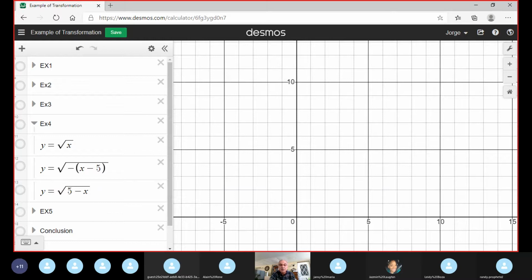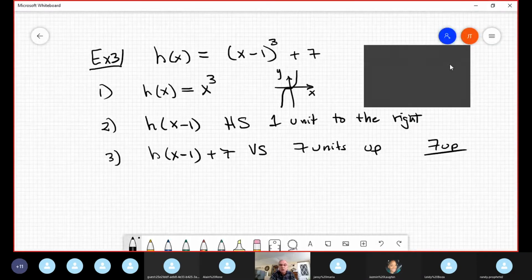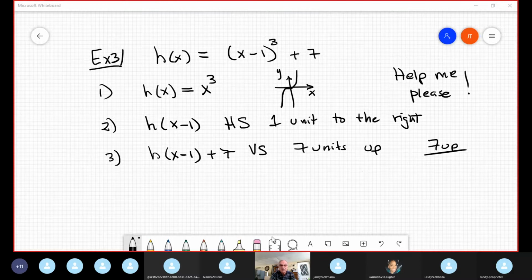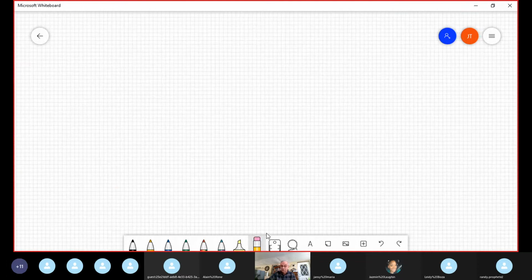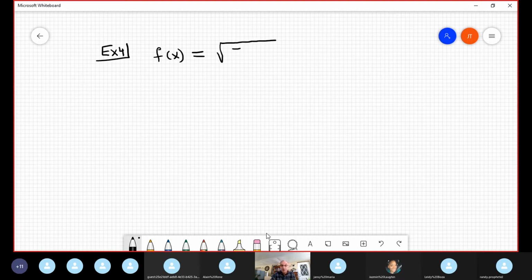Example 4 brings a new situation, one in which the transformation is not clear, it's confusing. Suppose the function, I don't know, f of x equals square root of 5 minus x.